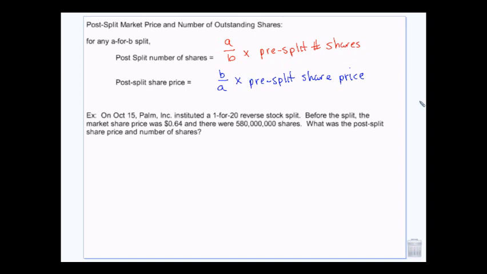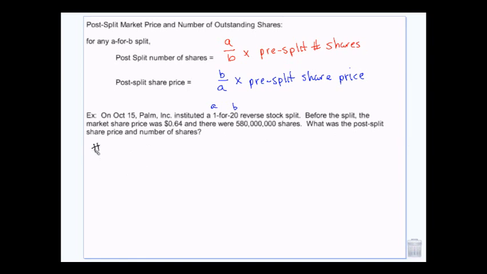Okay, so Palm Inc. is having a 1 for 20. That's A. That's B. Before this split, the market share price is 64 cents, and there were 580 million shares. I want to know the post-split price and the post-split number of shares. So I have a 1 for 20.